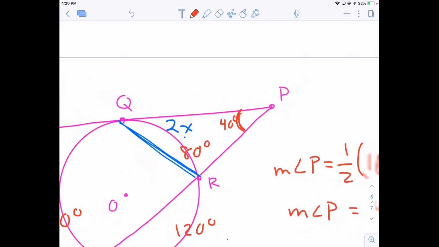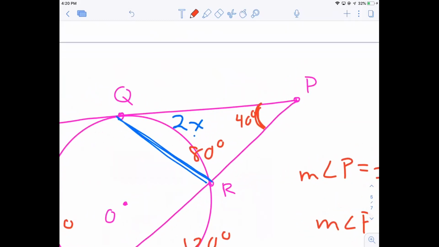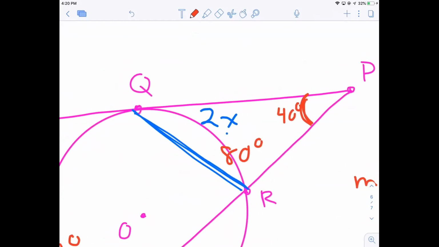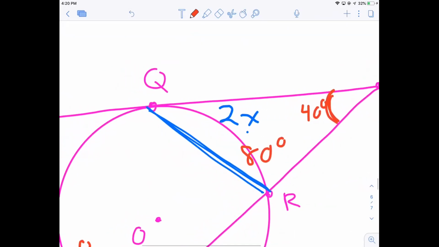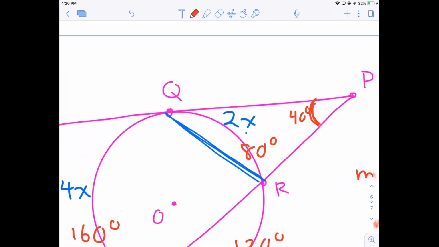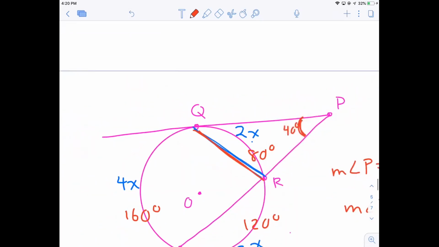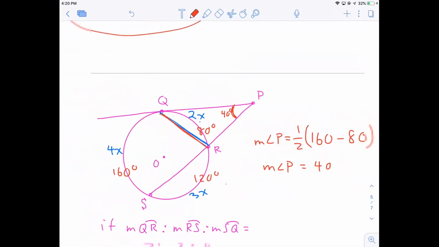How about the measure of PQR? Well, can't I just take, that's a tangent, this is a chord. Oh, I think I did something wrong. Did I do something wrong?